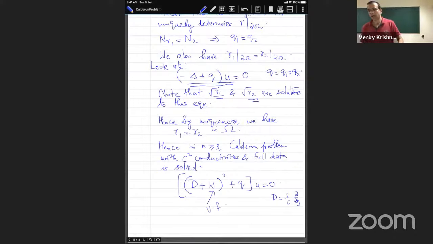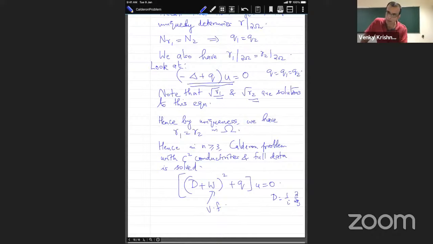Now, unlike the Calderon problem, here you cannot determine all of w. In fact, there is a gauge invariance, so you can only recover a component of w from the Dirichlet-to-Neumann data. You can recover all of q, but you can only recover the curl of w.